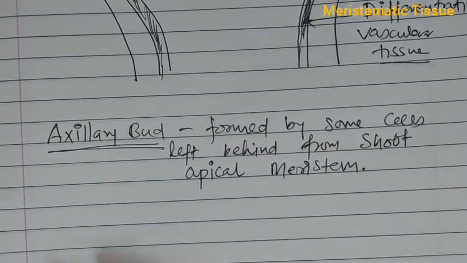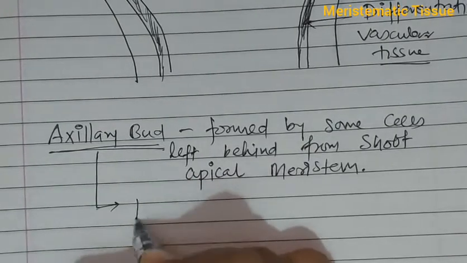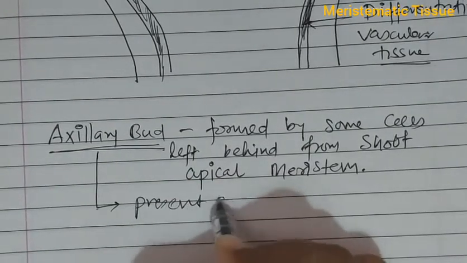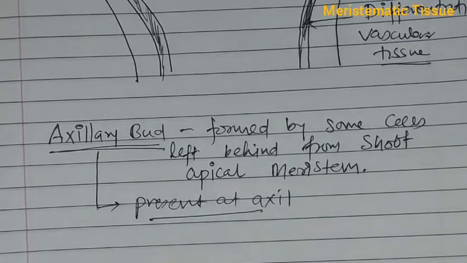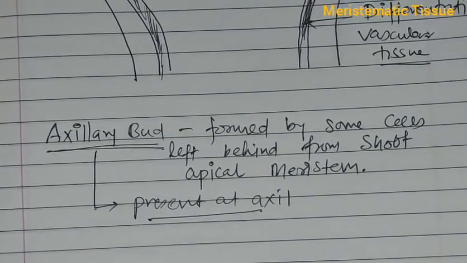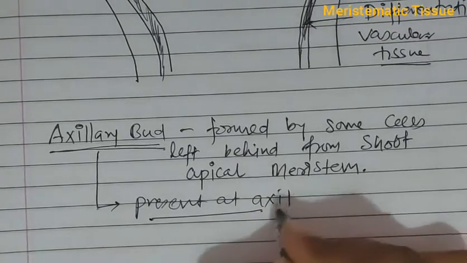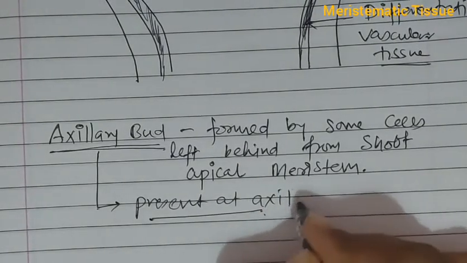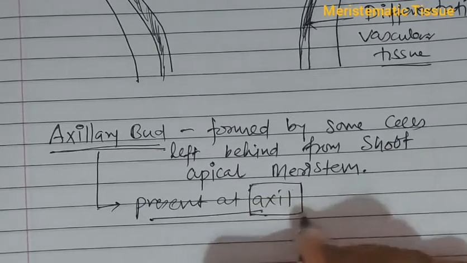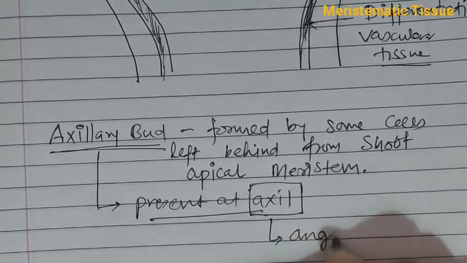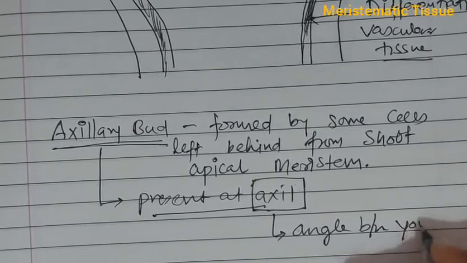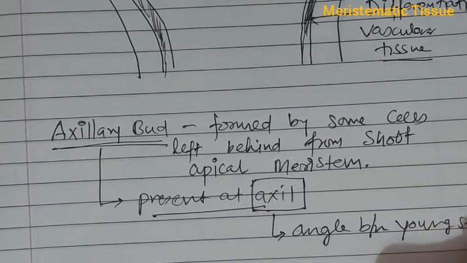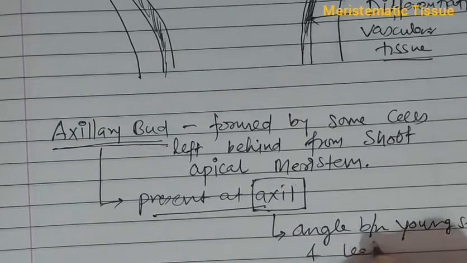And this axillary bud is present at the axil. Now you know that the axil is an angle between the young stem and the leaf.